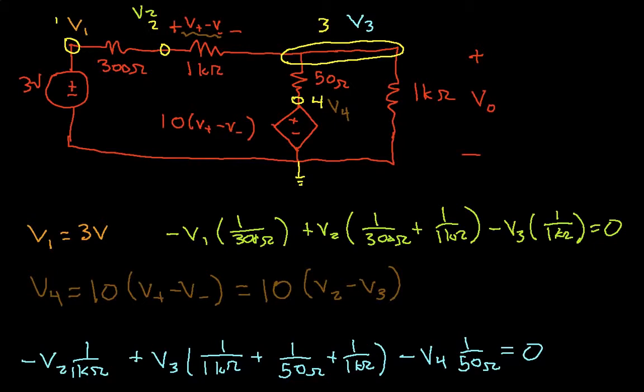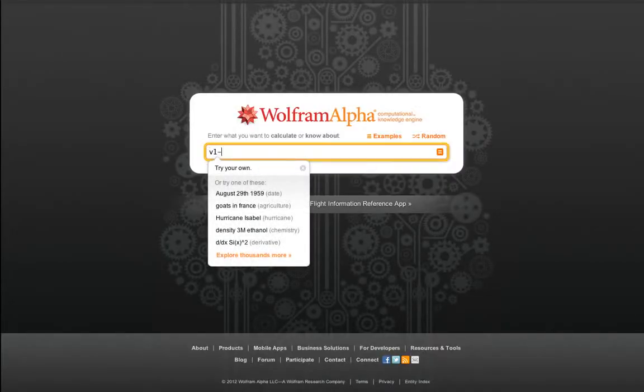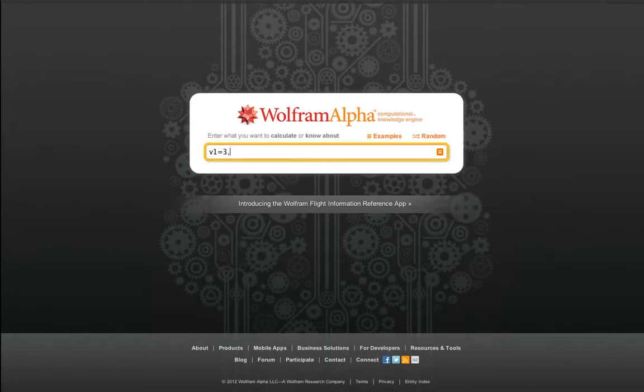Okay, so these are our equations that I've just written down. And we'll go and solve them now. So we have V1 is equal to 3. Minus V1 times 1 over 300 plus V2 times (1 over 300 plus 1 over 1000) minus V3 times 1 over 1000, and this is equal to 0.